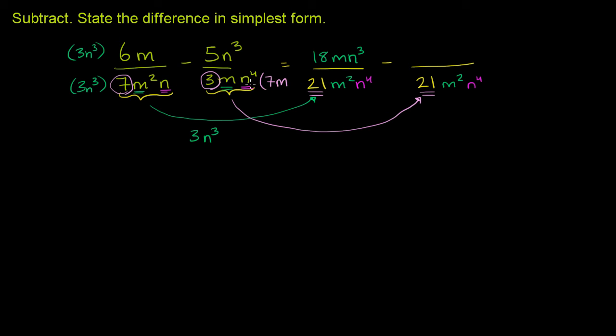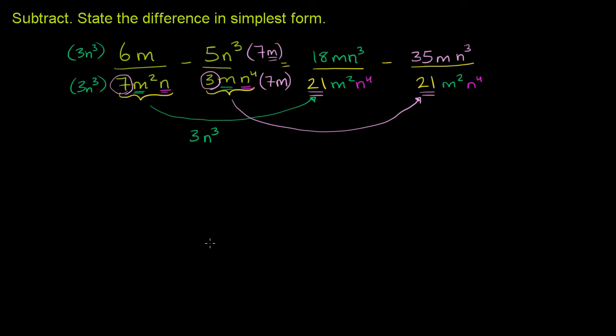And to get from n to the fourth to n to the fourth, you didn't have to multiply it by anything. So you have to multiply the denominator by 7m, and you also have to multiply the numerator by 7m. So you have 5 times 7 is 35, and then we have 1m, and then n to the third.